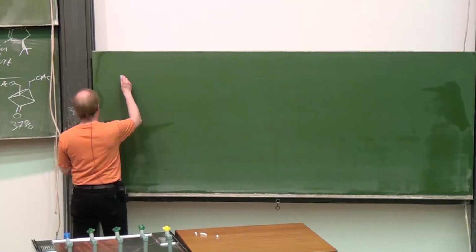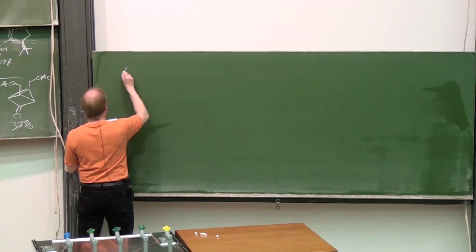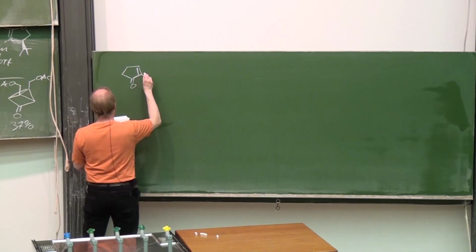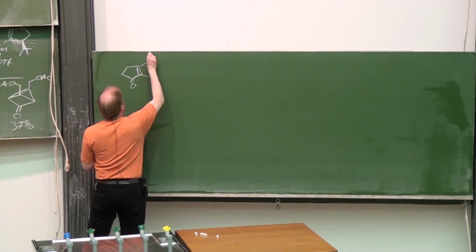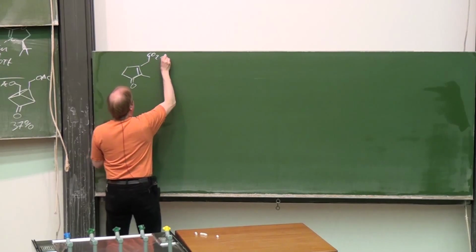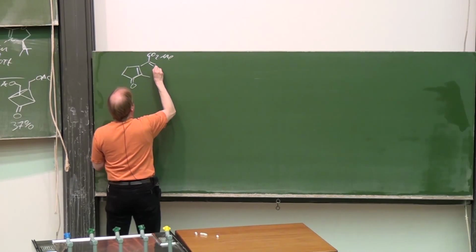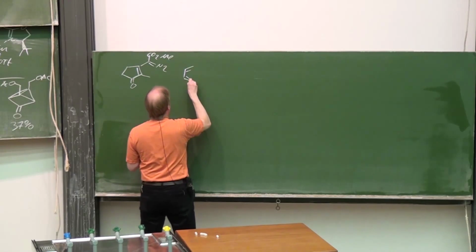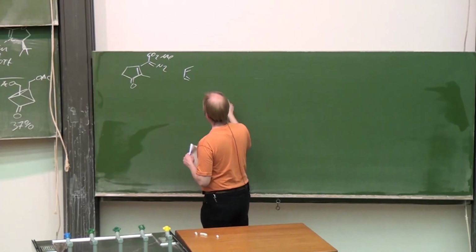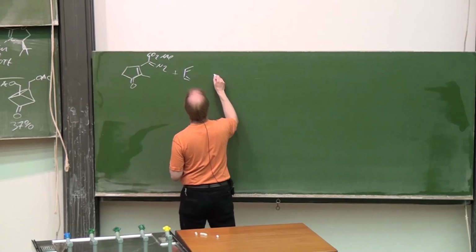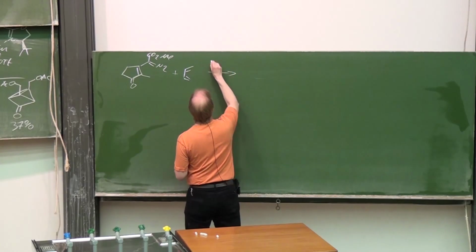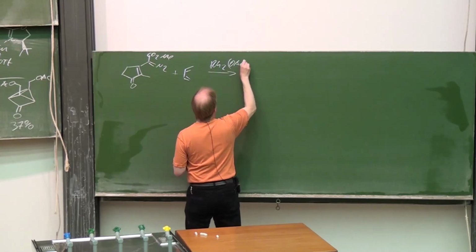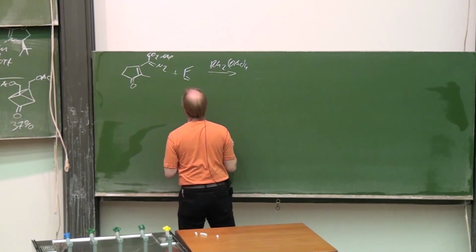Well, some more structurally interesting examples. Reaction with butadiene. Just rhodium tetraacetate.